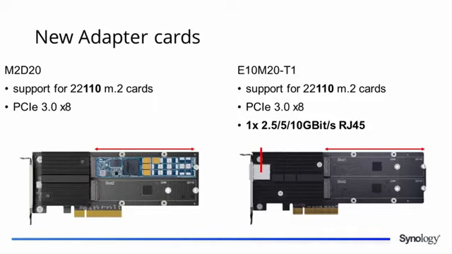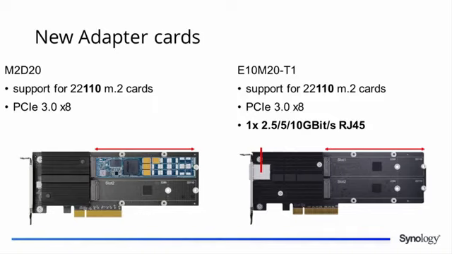It is designed specifically for users who are looking to simultaneously increase storage and networking performance with the addition of a 10GbE RJ45 port. E10M20-T1 additionally supports multi-gigabit 5 and 2.5GbE standards to enable cost-effective networking upgrades at home or office environments.